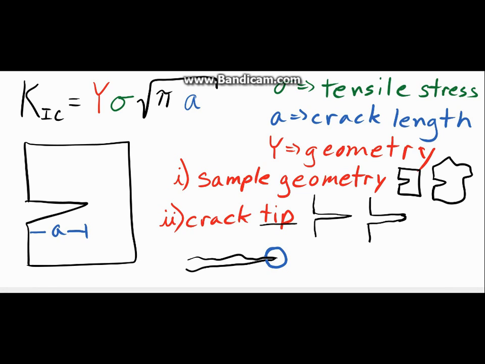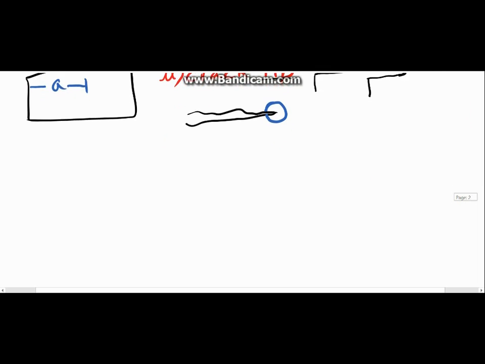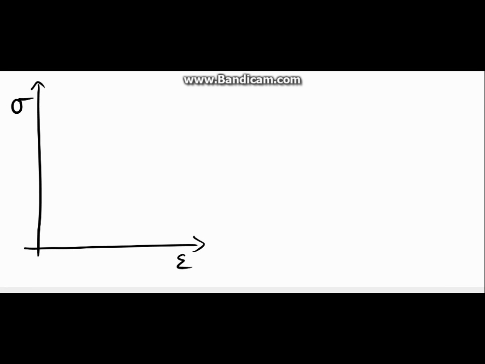So if we take a look at ceramics and their fracture, what we see for a ceramic like chalk, if we look at the stress-strain diagram, what will happen is you'll have one sample that you load and it'll fracture here.